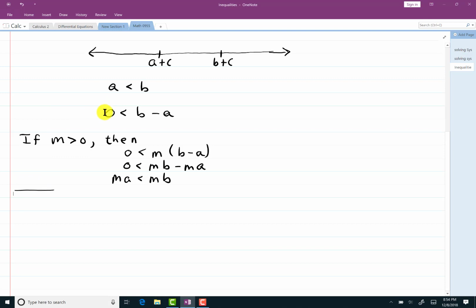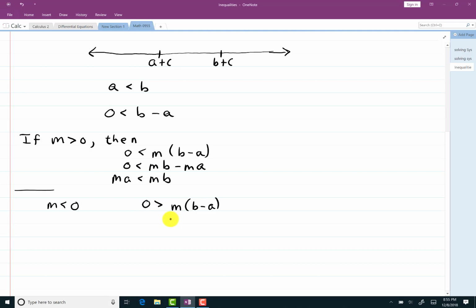Now, I'm using this more than anything: 0 less than B minus A. B minus A is a positive number. Now, in the case where M is less than 0, then it's negative. M is negative, so I have a negative number times a positive number. Well, if I have a negative number times a positive number, I know that it's negative.